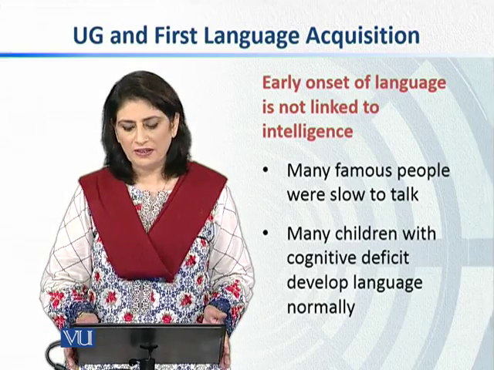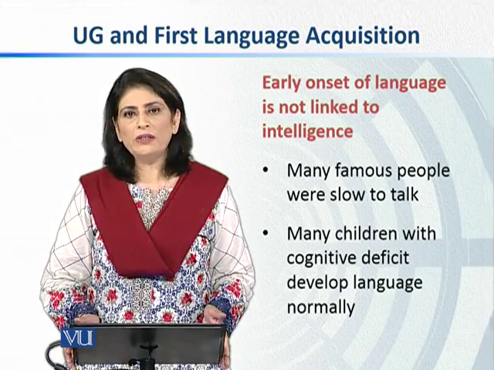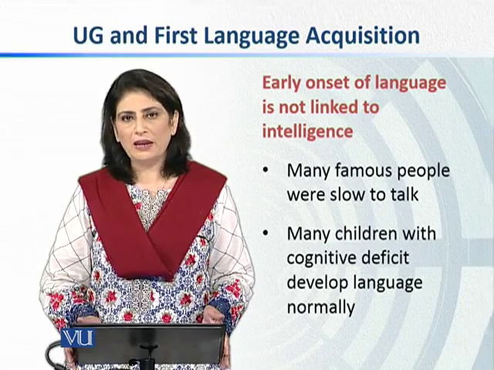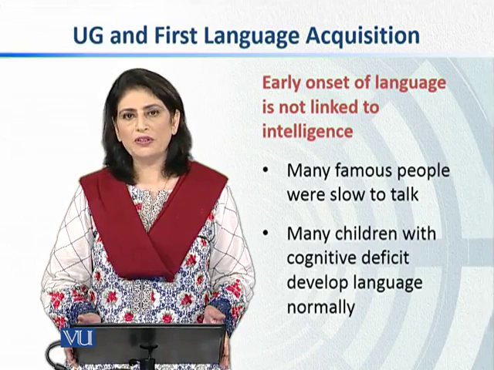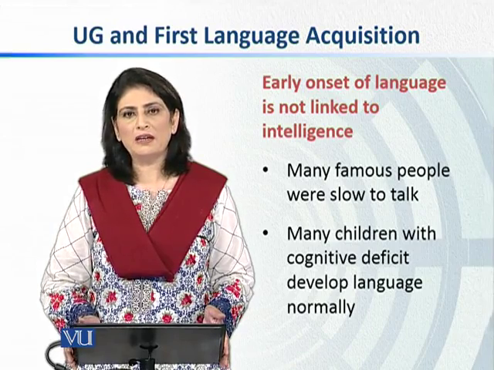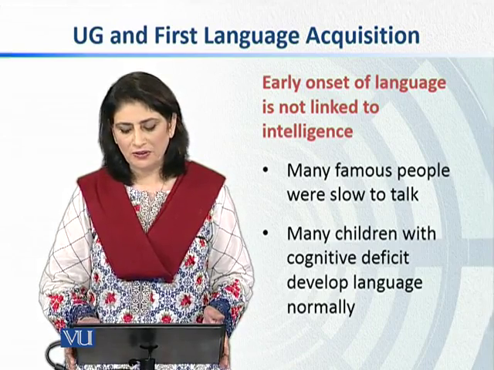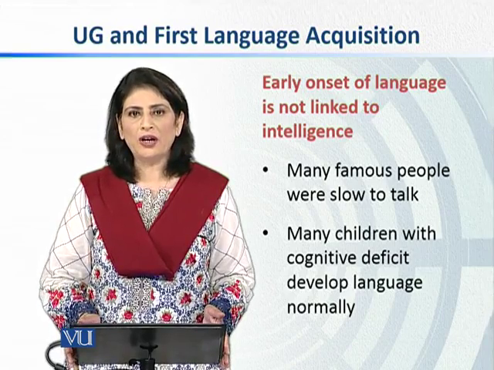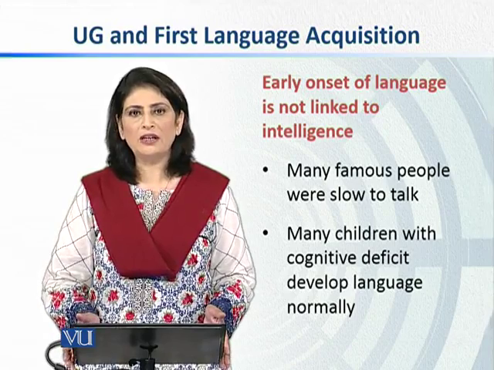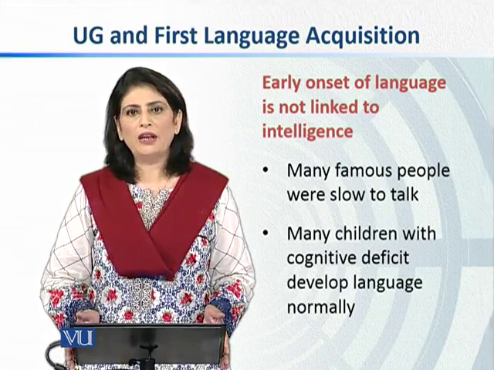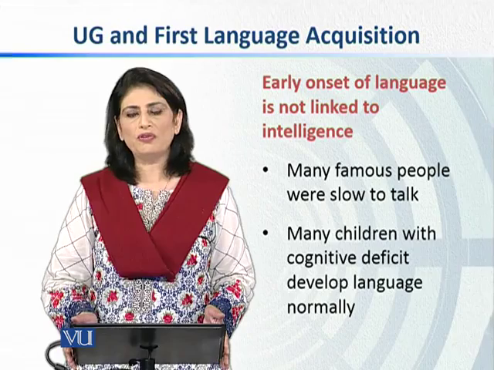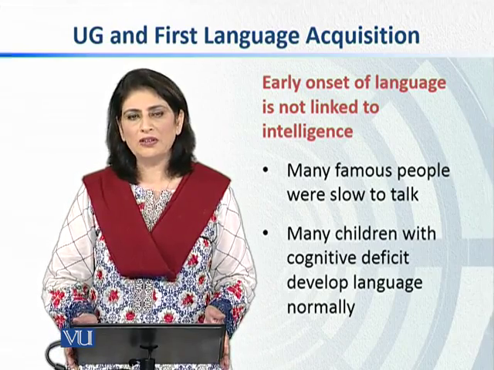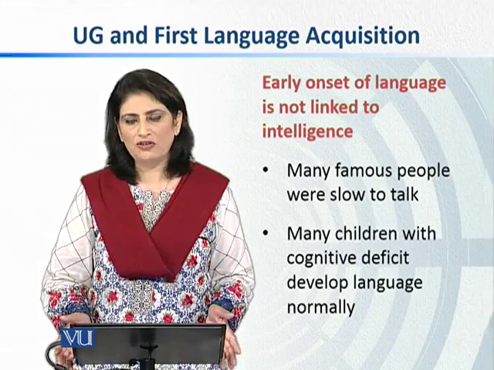They also say that the learning of the first language, or the onset of the first language, may not necessarily be linked with intelligence. So we cannot possibly say that any child who has learned a language very fast and who has passed through the stages of learning the language quickly is more intelligent than other children.